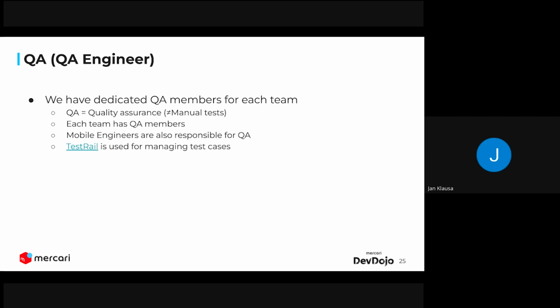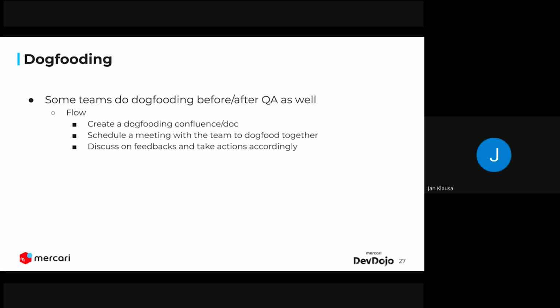I don't have much experience with TestRail, to be honest, but this tool is used in some teams. Oh, and dogfooding. Some teams do dogfooding before or after QA as well. By the way, dogfooding is internal testing where you test your app yourselves before releasing it to users.